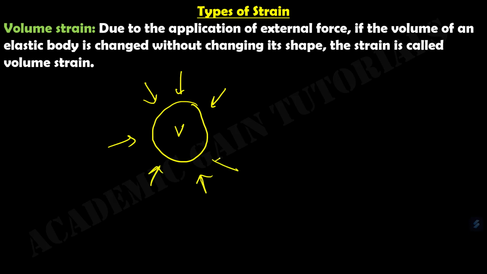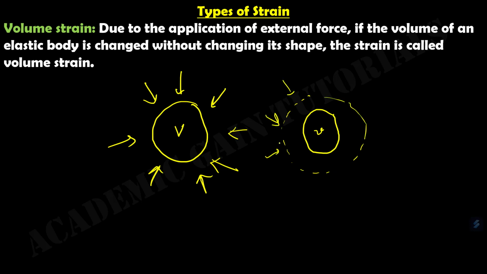Due to this external force, our body will be changed, and the volume of the object is now small v. So this is our actual original volume, and due to this force, the volume of this object is now small v.